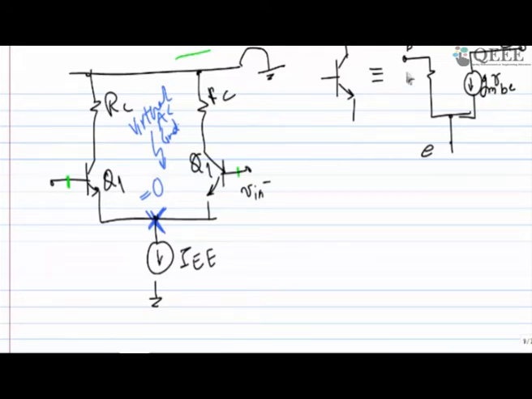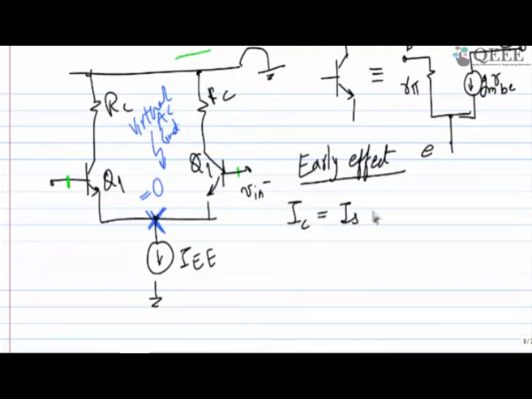Now we learned this, but on top of it we also learn that there is an early effect voltage. So early effect is going to give you the collector current equal to Is exponential Vb by Vt. This was the older equation without early effect, but with early effect, 1 plus Vc by Va.